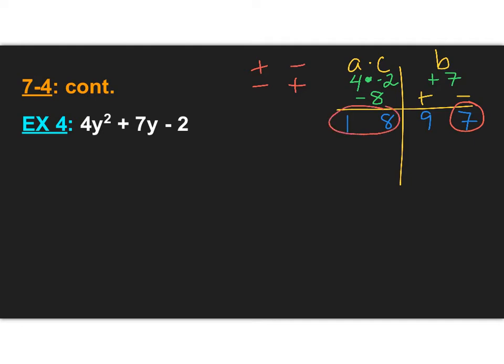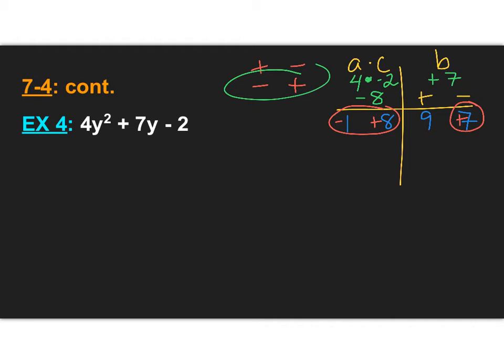So my 7 needs to be positive. 100% of the time, the bigger of the two numbers, in this case 8, will also be positive. In order for the 8 to be made smaller to get to 7, we have to subtract to make 8 smaller. So therefore, the 1 is indeed negative.